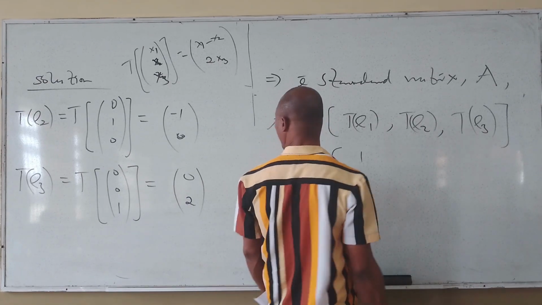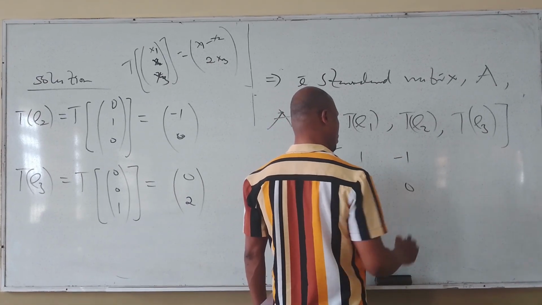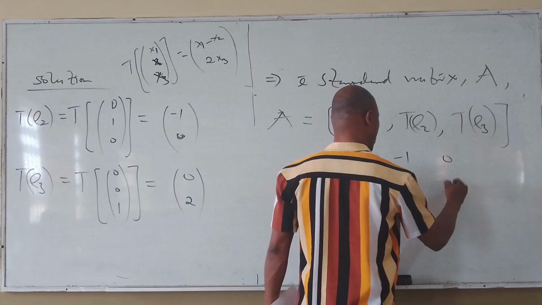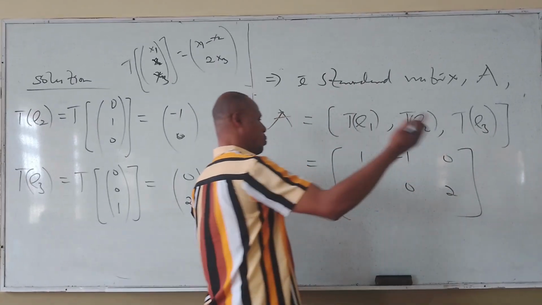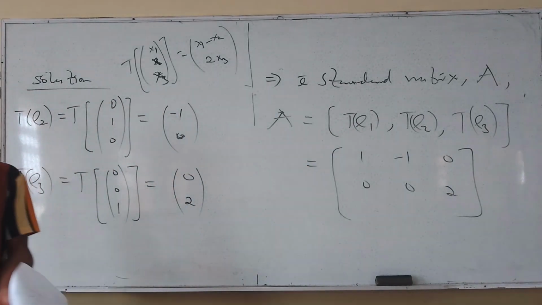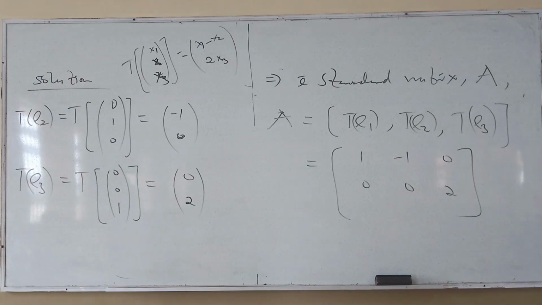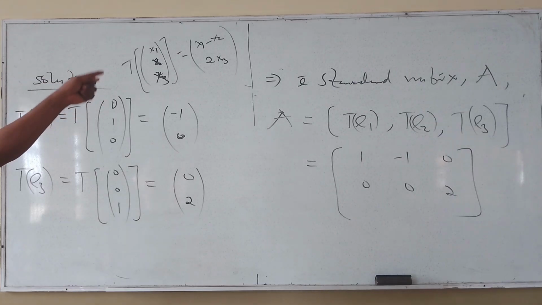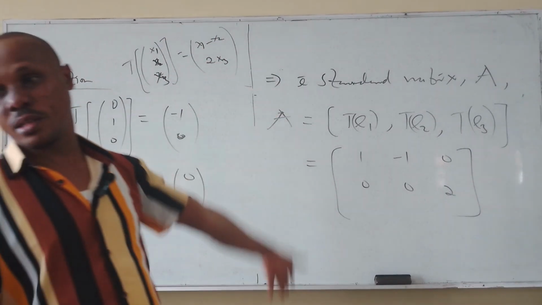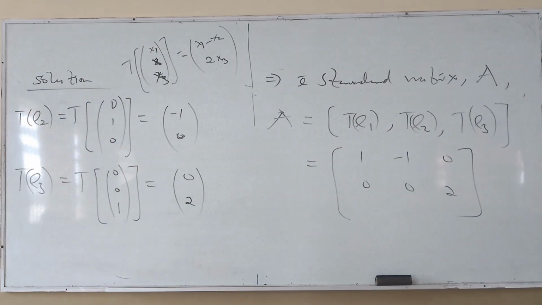T of U2 is negative 1, 0. T of U3 is 0, 2. It's a 2 by 3 matrix. That's our standard matrix for the given transformation T.